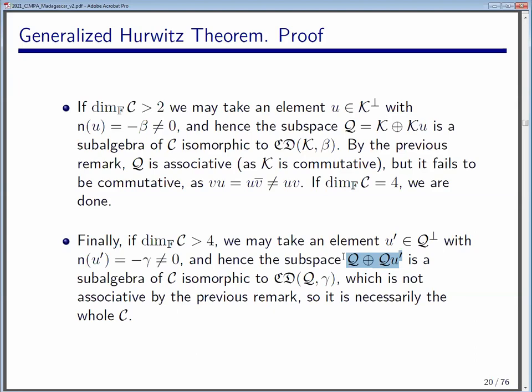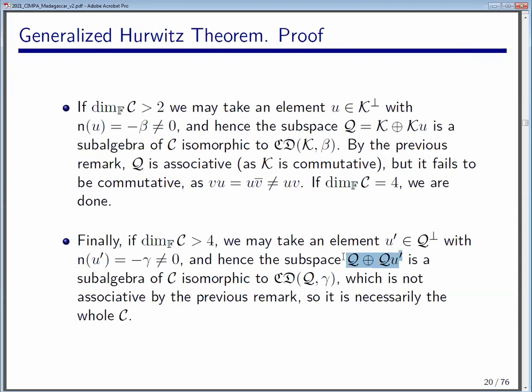Okay. So if the dimension is 1, everything is trivial. If not, we can obtain a 2-dimensional subalgebra. If the dimension is 2, we are finished. If not, we can use this 2-dimensional subalgebra to double and get a 4-dimensional subalgebra. And if the dimension is 4, we are finished.